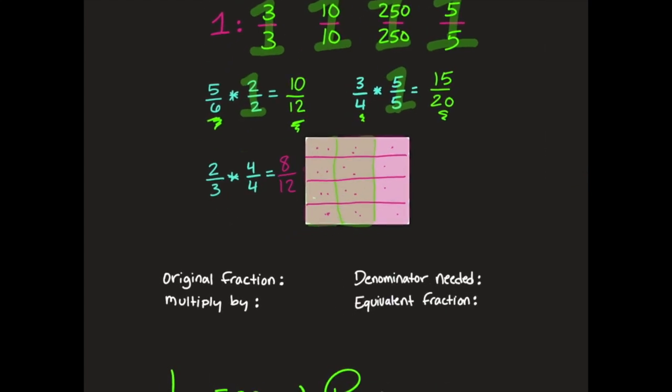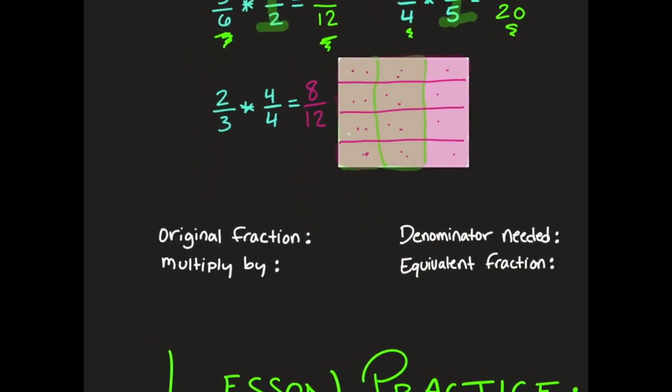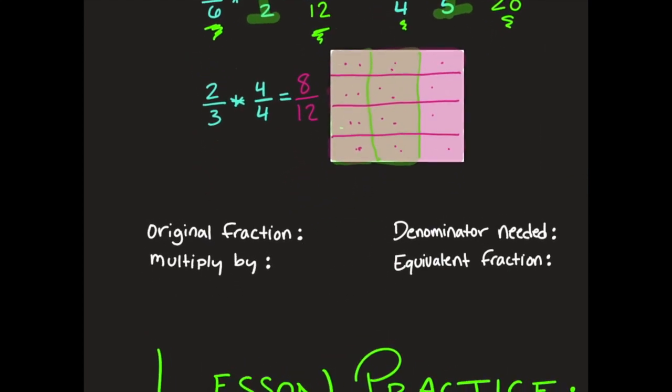And lastly, we just have another problem here, original fraction. So I'm going to say that I'm going to start with 2/3. That's my original fraction. And I need a denominator of 18, meaning I want that denominator to be 18. So what did I multiply by? So here's my 2/3, and I know it's going to equal 18. So I'm thinking, okay, 3 times what gives me 18?